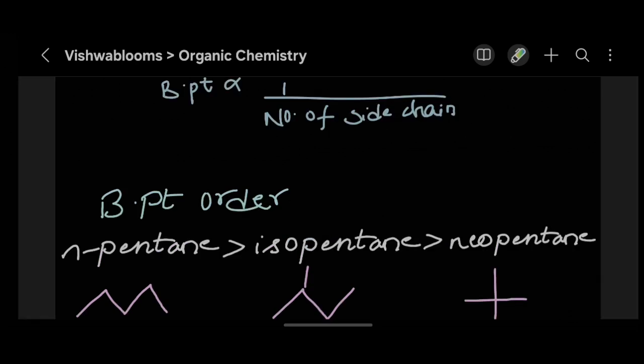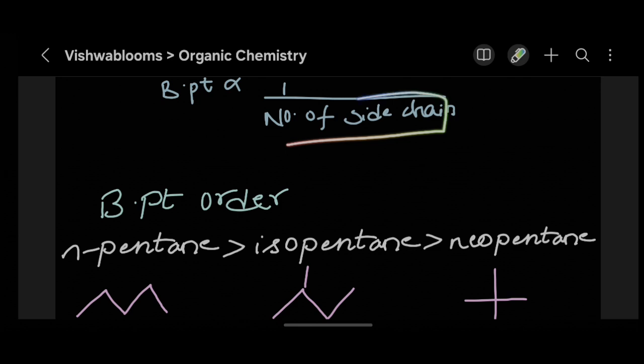Now let us try to understand the boiling point in branched chains. Suppose here we are taking n-pentane, isopentane and neopentane. Let us try to analyze the boiling point order for these three compounds. Firstly, we should understand that boiling point is inversely proportional to the number of side chains.